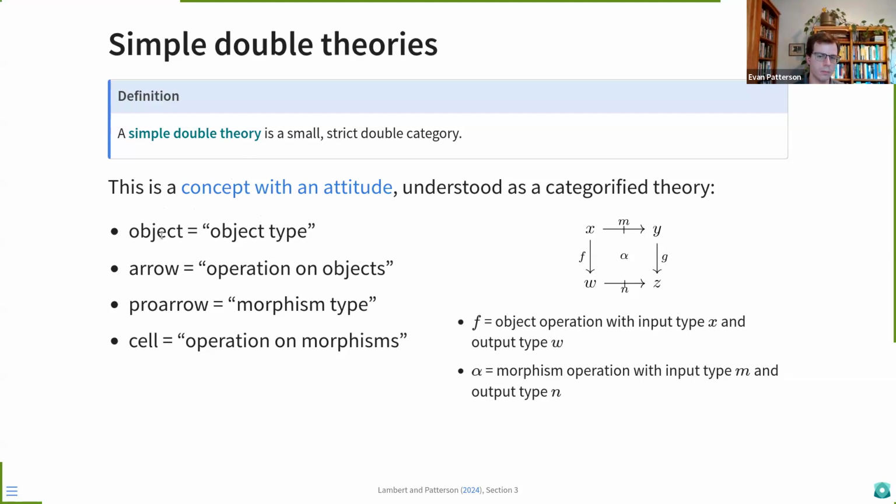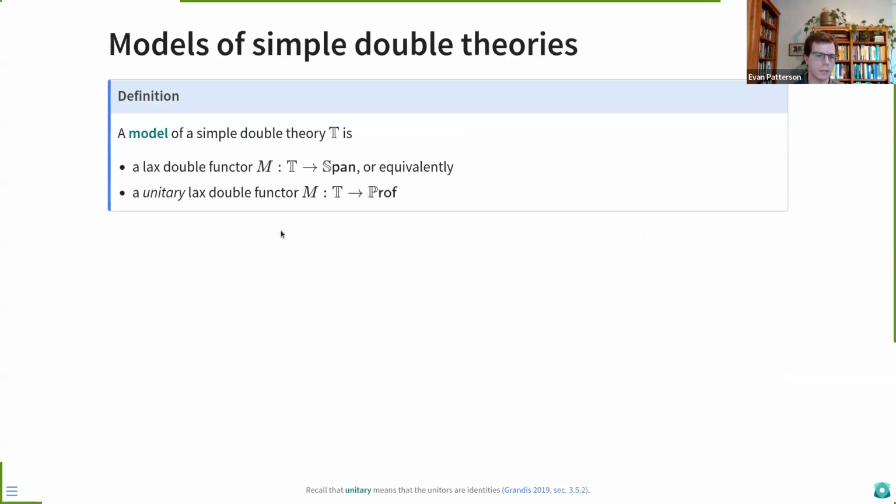So the objects in this double theory are object types, and the arrows are operations on objects. Whereas the pro-arrows are another kind of type. They're morphism types. And a cell is an overall operation on morphisms, which has as its boundary operations on objects. So okay, that's a little abstract, but we'll see some examples shortly.